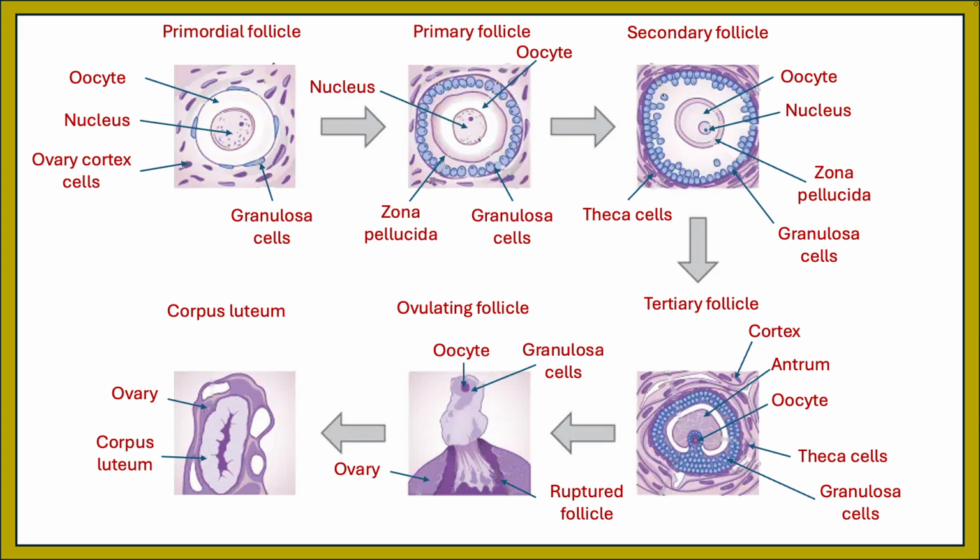Something to note is that you actually have many follicles present, but only about one every month is going to make it to this ovulating phase. Many are going to start to develop, but then atrophy and not continue. So 99% of the follicles of the ovary will undergo atresia.